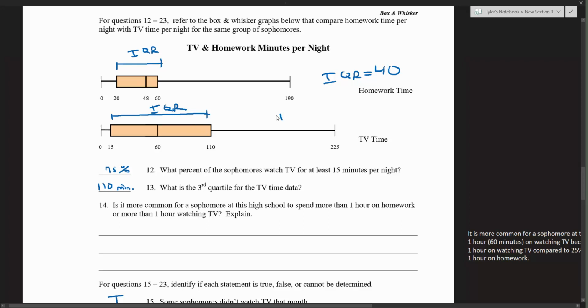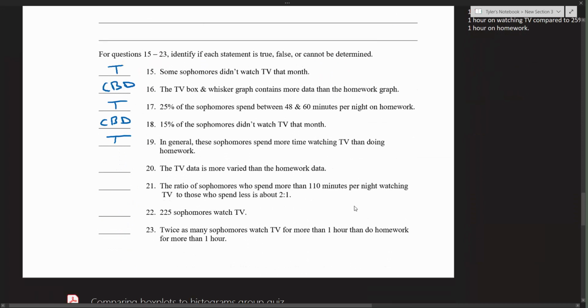For TV time, the interquartile range would be 110 minus 15, which is 95. So that would be true, the TV data is more varied. The interquartile range is higher, so there's more variance, more spread. In other words, my homework time data has values that are closer together, in a sense.